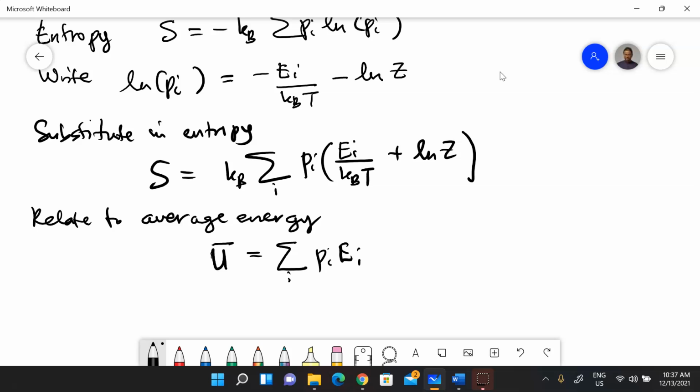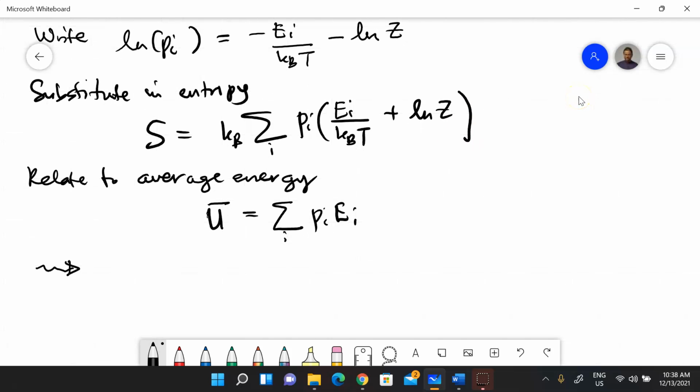So that will give you the following expression for entropy to be equal to U bar over T plus k_B log Z.